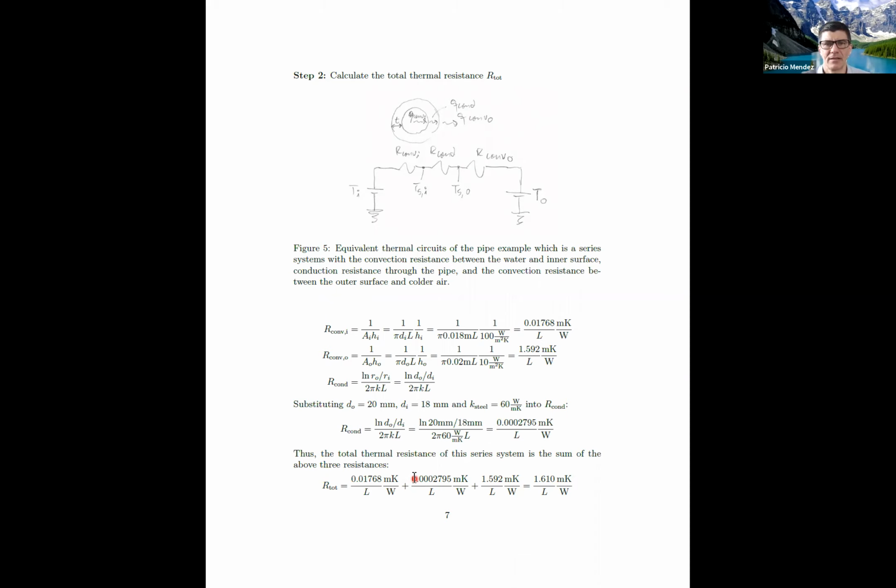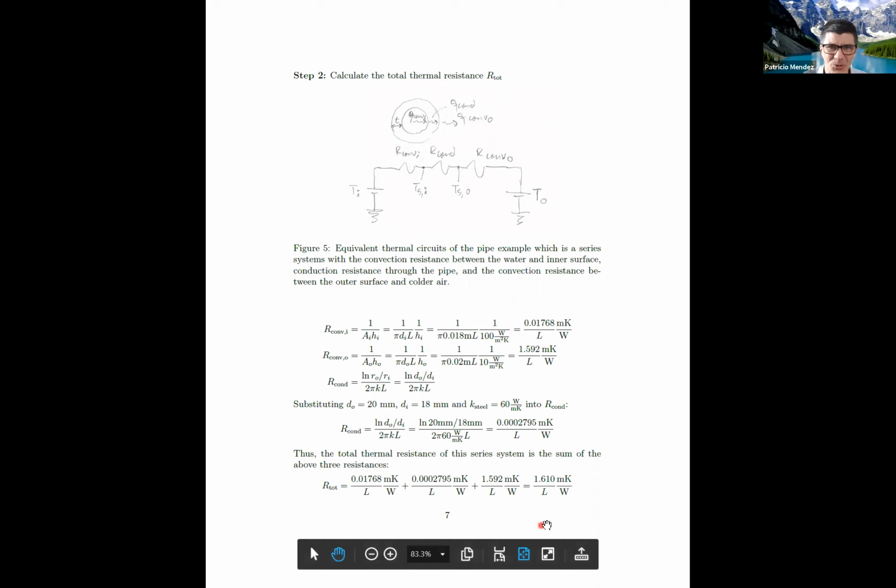Somebody would say, I don't know what the convection coefficient inside is. You can say, okay. Somebody told you, you know what, I'm going to neglect convection outside the pipe. You go, oh, no. You cannot do that because that's the dominant one.